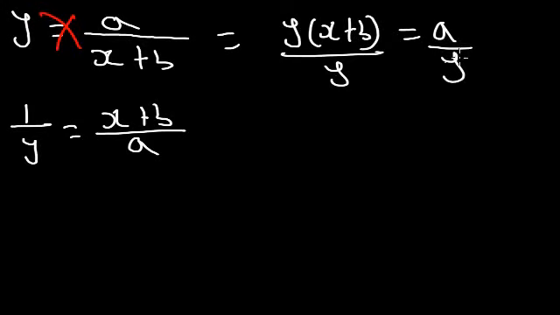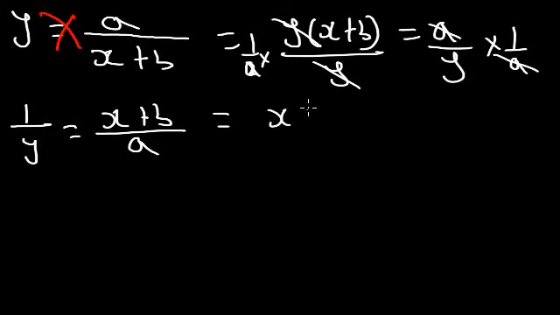And again, I will divide both sides by a. Dividing this by a, that's going to be multiplied by 1 over a, then multiplied by 1 over a. At this point, we can clearly see that this will cancel out, and this will cancel out. And finally, we should have x plus b over a equal to 1 divided by y.